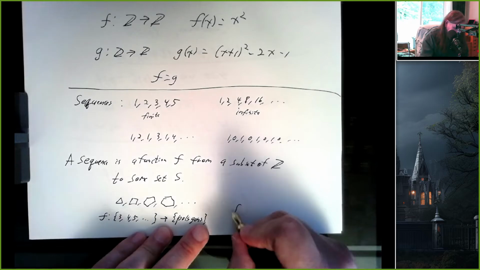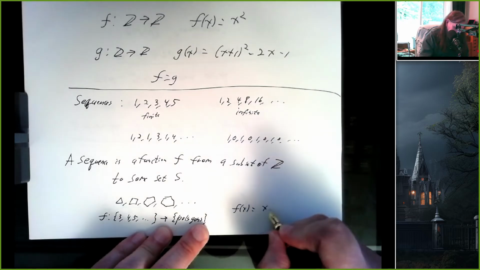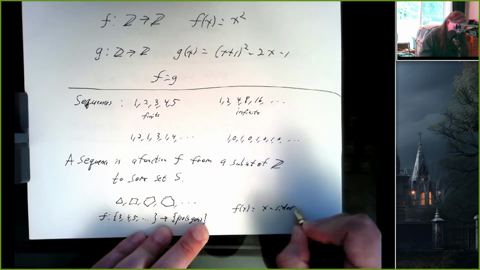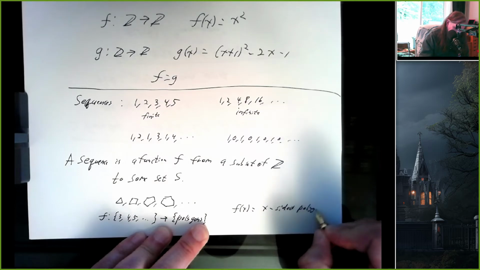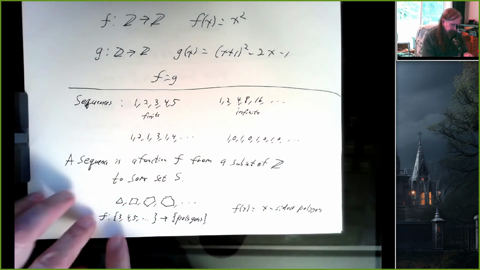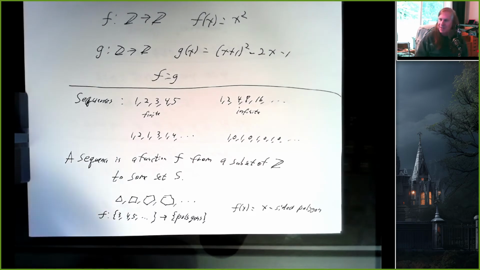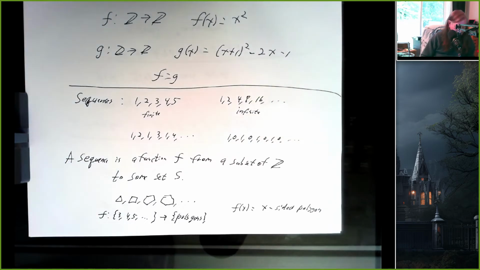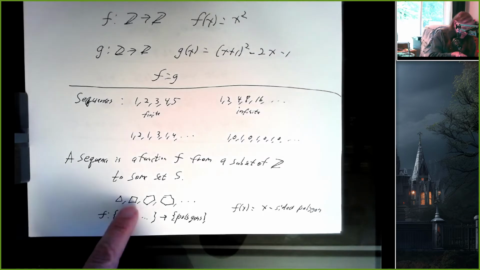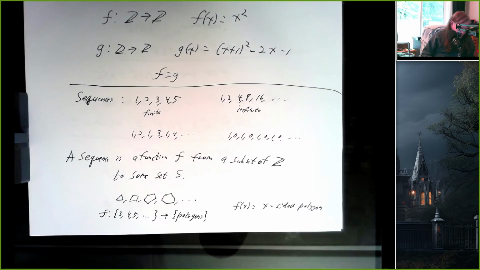And I could say f of x equals an x-sided polygon. So f of 3 is a 3-sided shape, f of 4 is a 4-sided shape, f of 5 is a 5-sided shape. And I get my sequence by writing f of 3, f of 4, f of 5, f of 6, and so on.